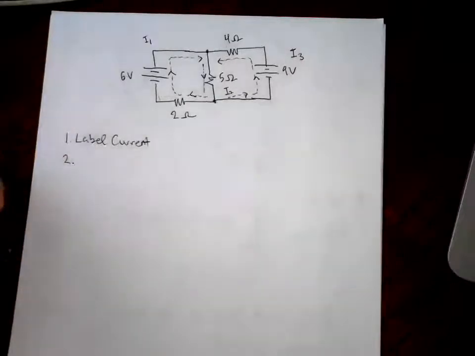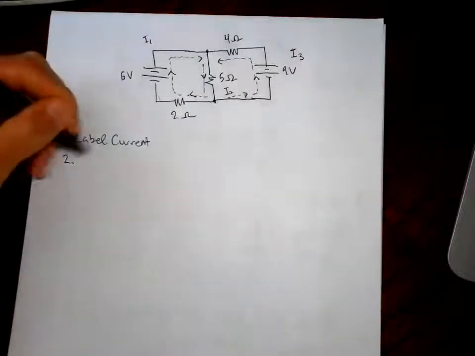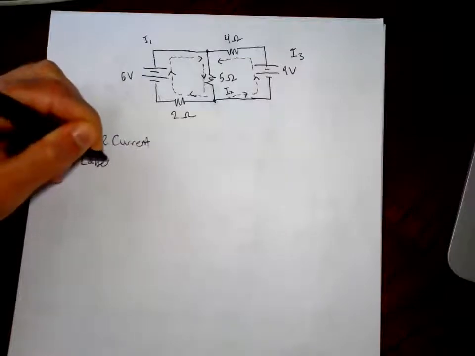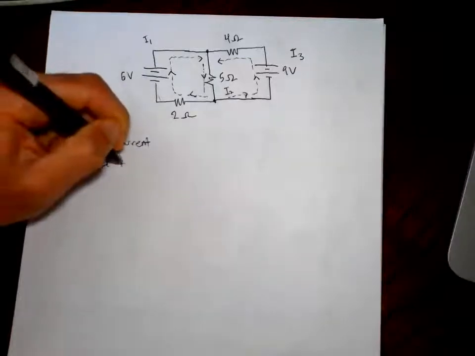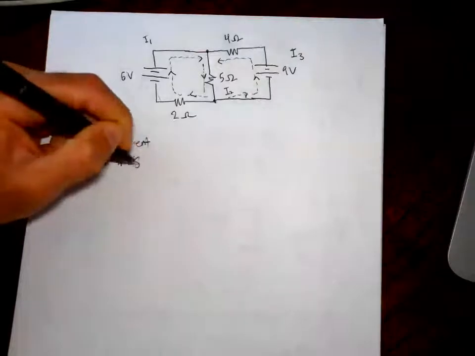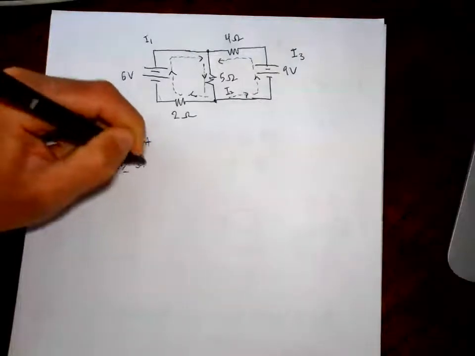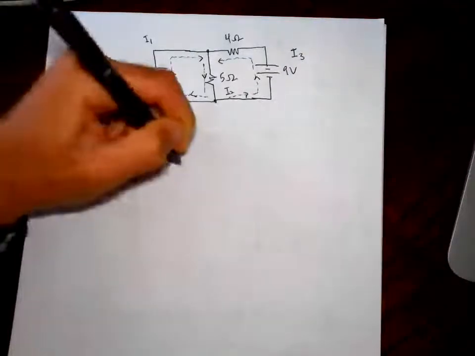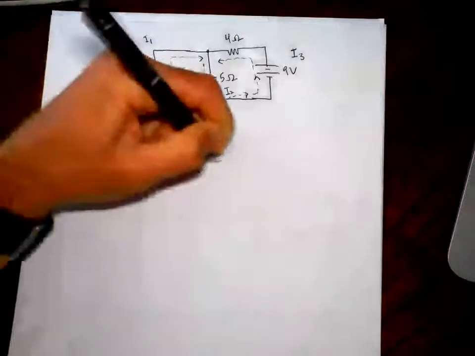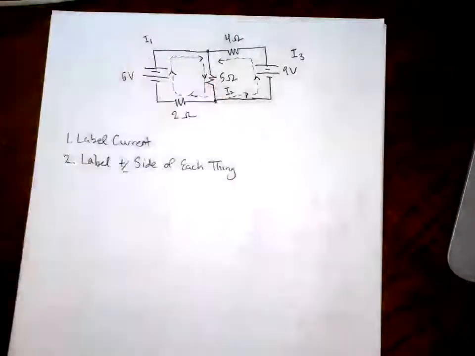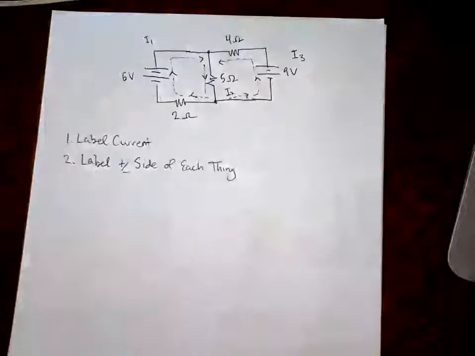The next thing we have to do is label the positive side and the negative side of each thing in the circuit. Now, batteries are easy.